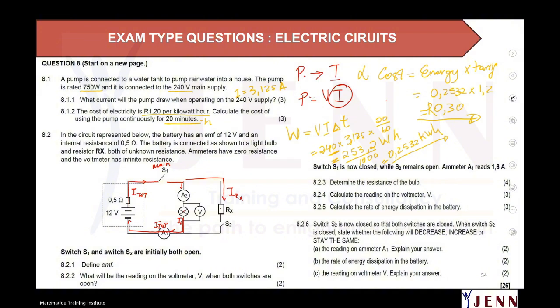I don't understand why you decided to use seconds, whereas there we are talking about kilowatt per hour. Maybe it's me who did not explain the conversion. The time is 20 minutes, right? Yes.